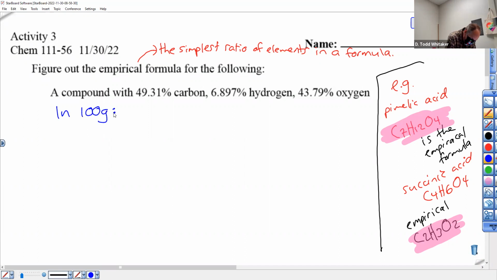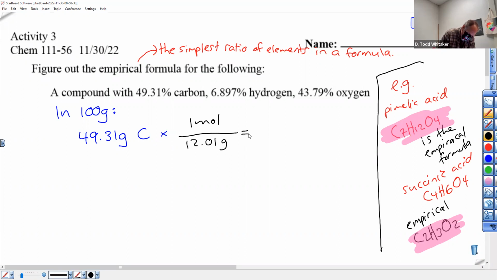Here's the story. 49.31 grams are carbon. That's why 100 grams was a nice number, right? And now I've got to figure out moles, because formulas aren't in grams, they're in moles, right? So we have 1 mole of carbon for every 12.01 grams.